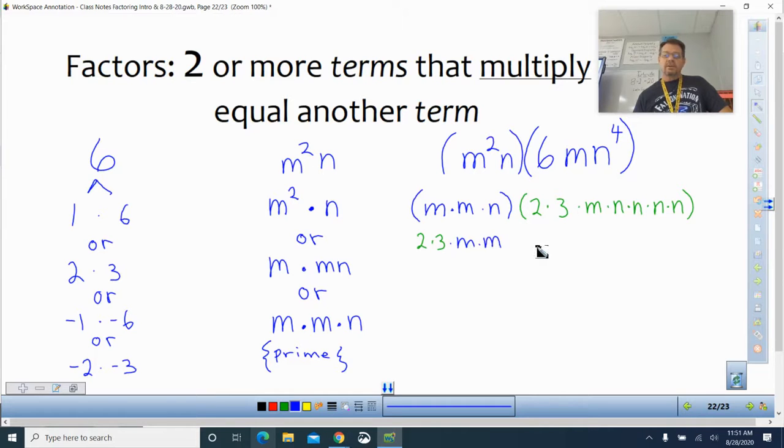Is there any m's over there? Yeah, there's an m over there. So I'm going to make that one green so we can kind of see where they're coming from. So is that all the m's? That's all the m's. Okay, now n, here's an n over here. There's one n there. And then we got these 4 n's over here. So 1, 2, 3, 4. Put our multiplication symbols there.